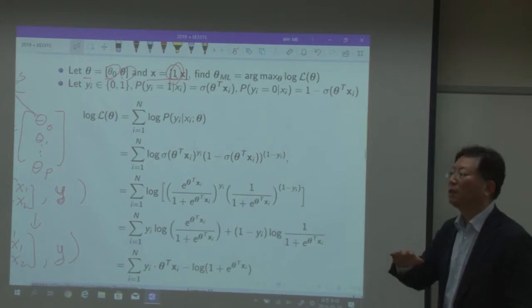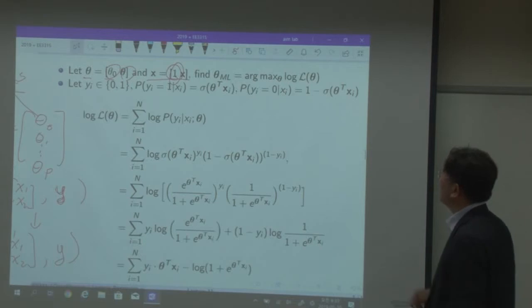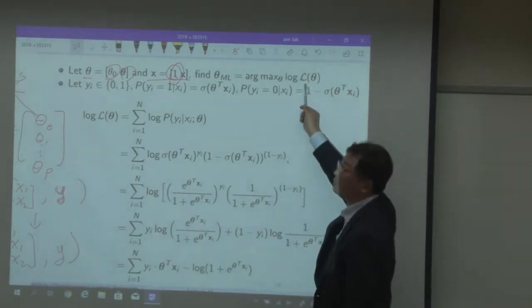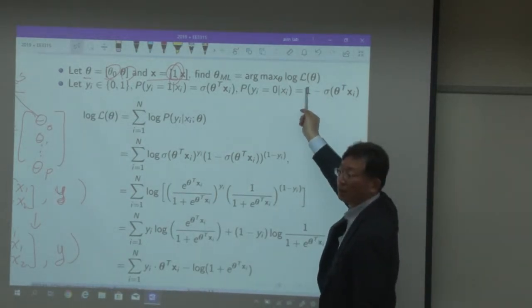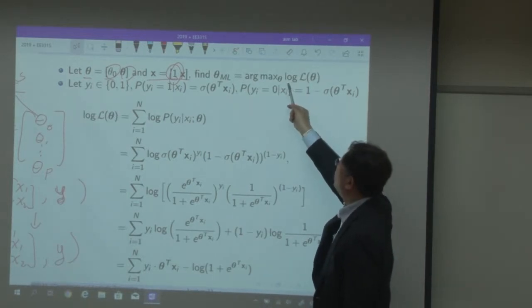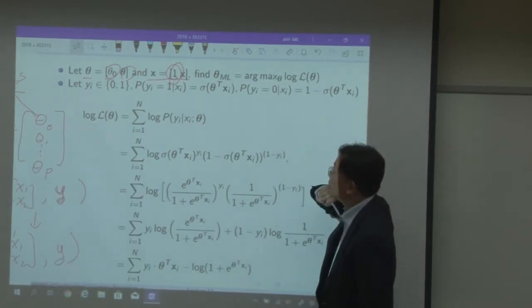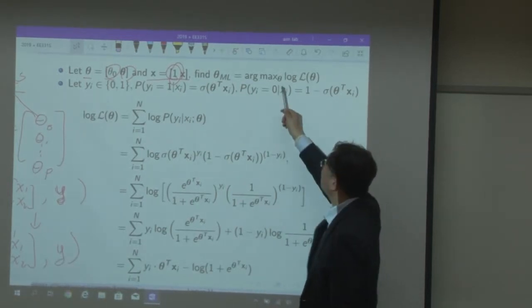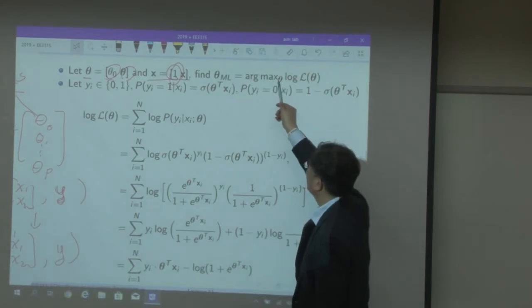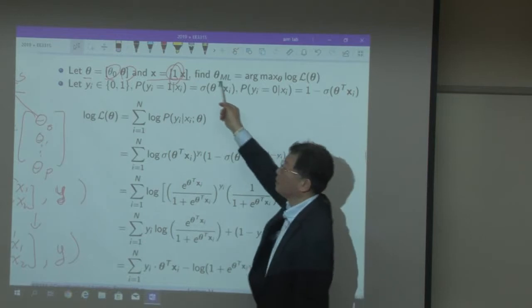So L here is going to be the likelihood. And I'm going to look at the log likelihood. I want to find my theta such that it minimizes the log likelihood.